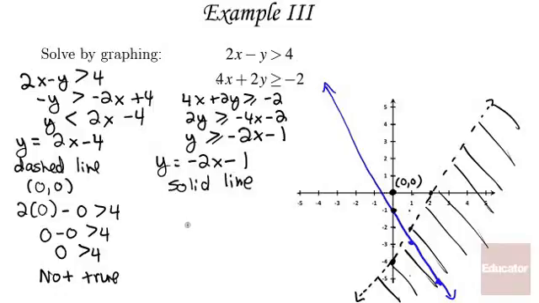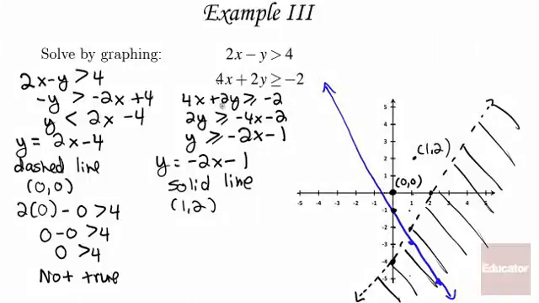And then a test point here, and I want to pick a test point that's not quite so close to this boundary line, just in case my graphing wasn't perfect. So I'm going to select 1, 2, right up here as my test point, just to be safe.